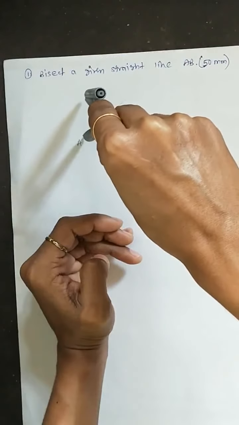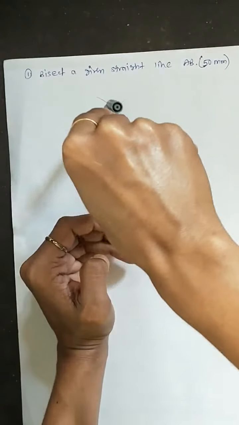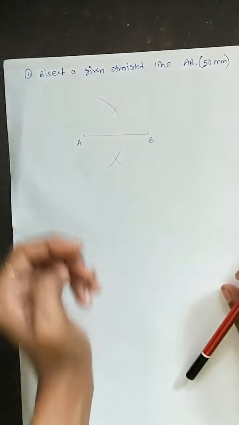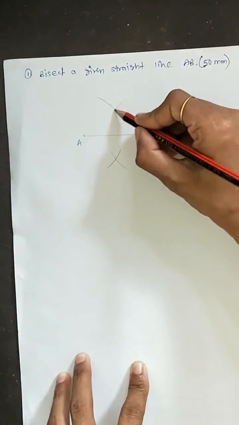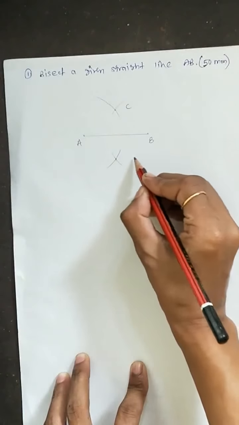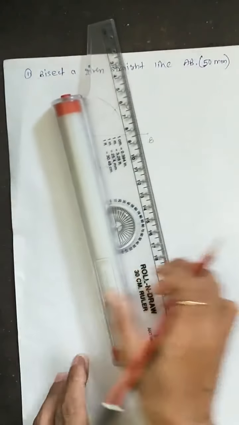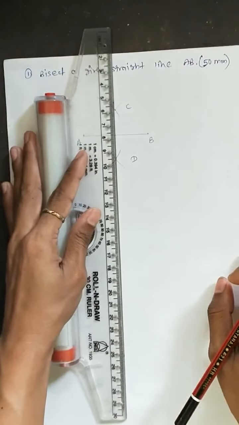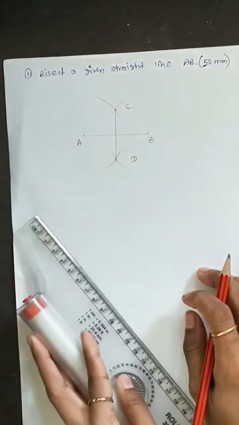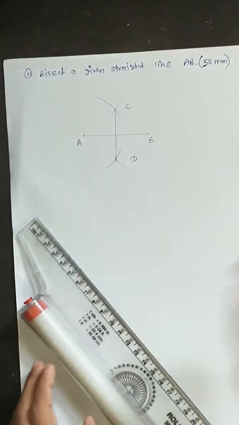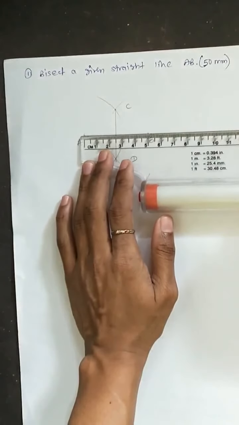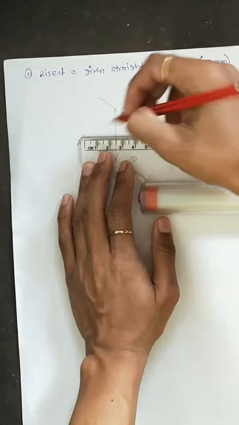So here I will draw. 2 points we have got. Give name to this point as point C and this point as point D. Then join CD. In this way you can bisect a given straight line. If you measure, then it will be a distance of 25 mm. Correct, it is 25 mm.